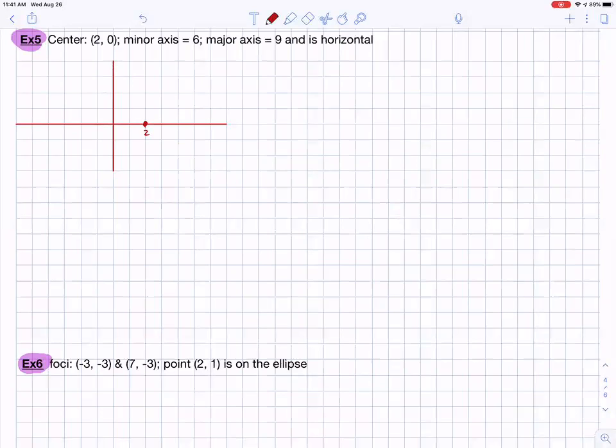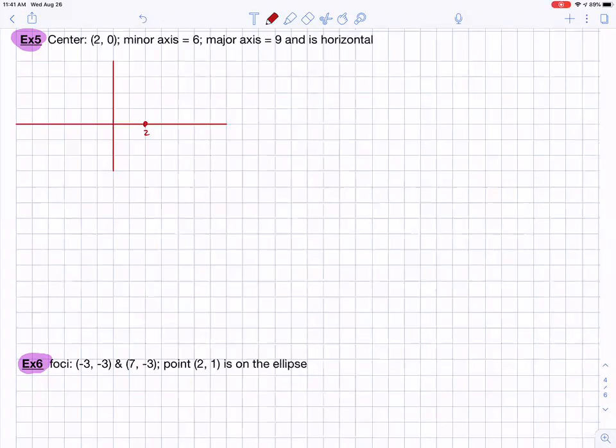Now, the next piece of information says that the minor axis equals 6. Do I know how to draw that yet, just by reading that piece? Yeah, I don't know how to draw that yet, so we'll keep on moving.